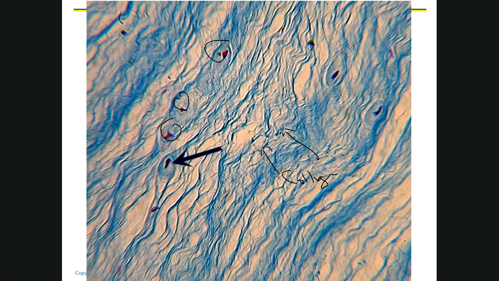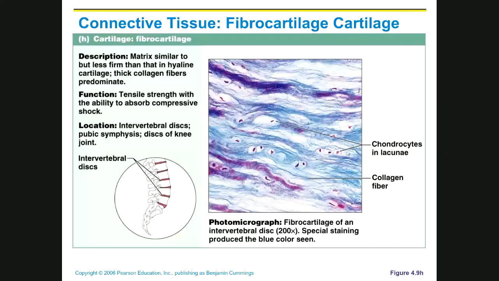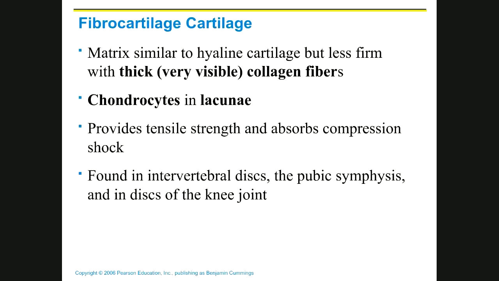If you look at it, again, it's a very strong tissue and it can absorb shock or absorb compression. So where you find it is like in the back. If you look at the vertebrae, they're stacked up on top of each other like this. But there's a disc in between them, and the disc is made out of this fibrocartilage. What it does is it holds the spine together, but it also absorbs shock.